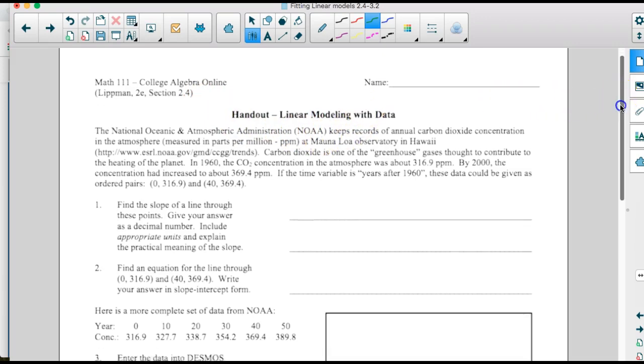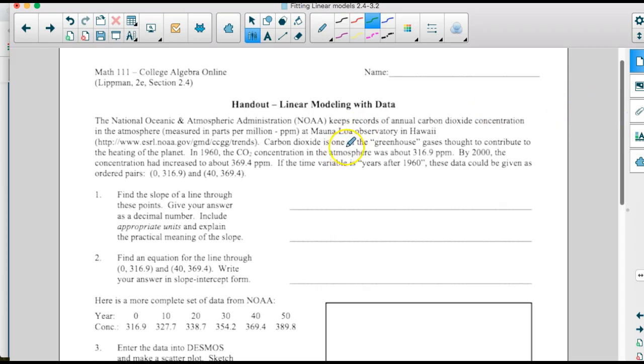It gives us some information about trends of carbon dioxide concentrations. It tells you what it has in 1960 and what it has in 2000.